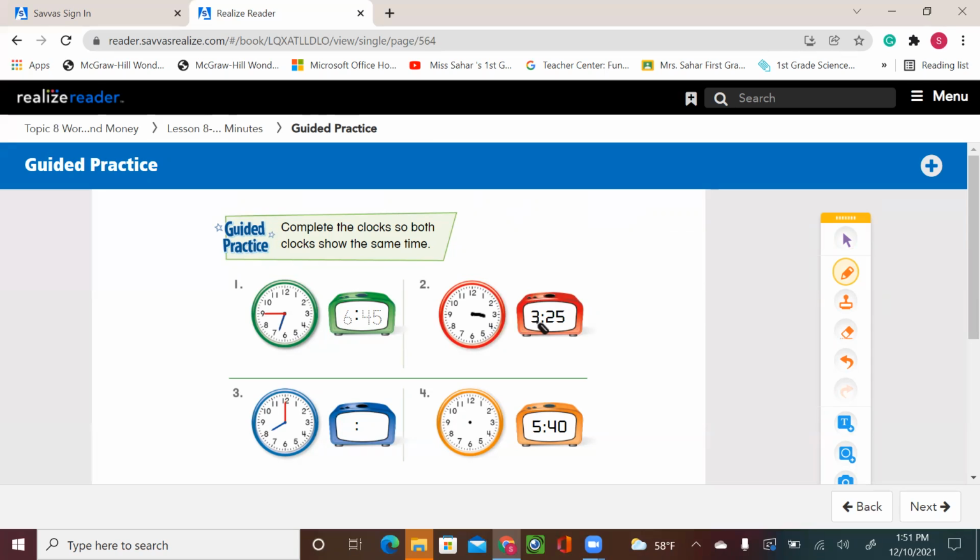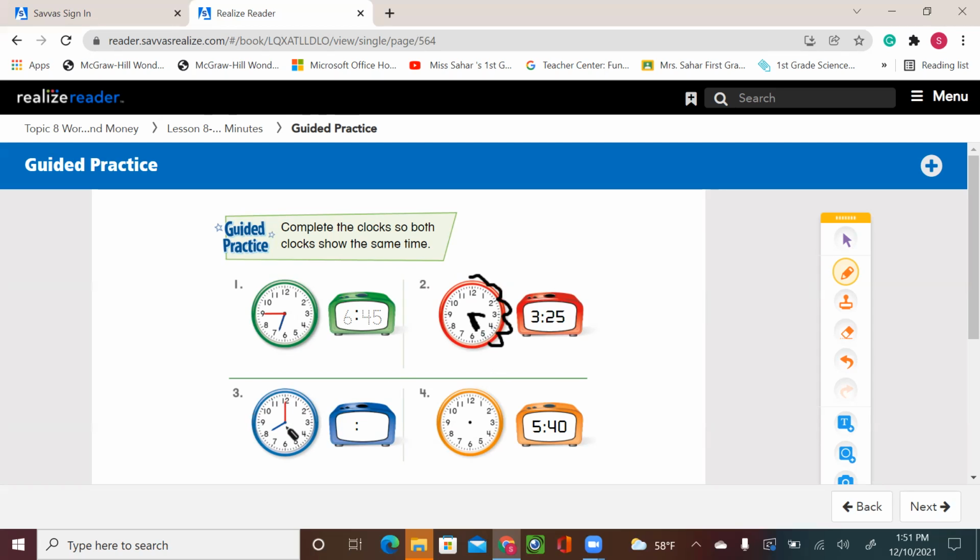And then the minute hand will be after 25 minutes. So let's count. This is 5, 10, 15, 20, 25. So my minute hand will be here. So now this is 3:25. All right, let's go for number 3.